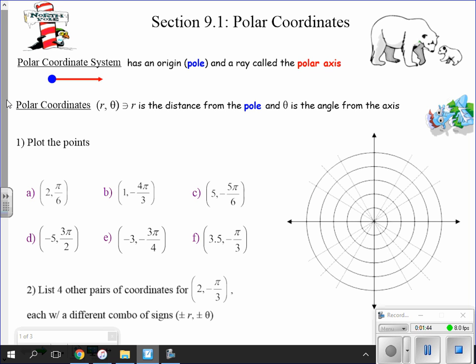So angle theta follows the same angles that we use in the unit circle. So we have 2 points to our coordinates: how far away from the center we are, and what angle we are going up from on that center. That's how you do polar coordinates.